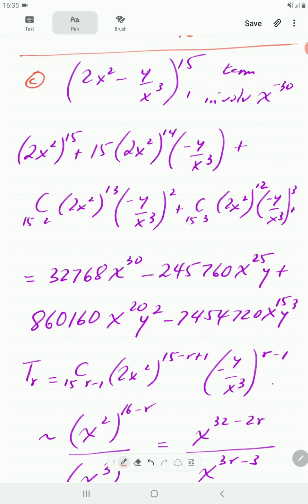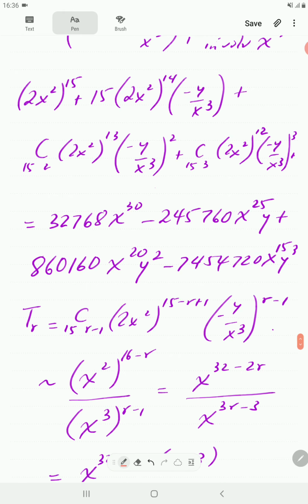Then next, the first term is to the power 13, so 15, 14, 13. This one was power 1 here, is power 2 here, and then power 13 here, power 12 here. This one was 2 and 3, combinations of 15, taking 3 at a time. Then when we simplify, these are the terms we're going to get.